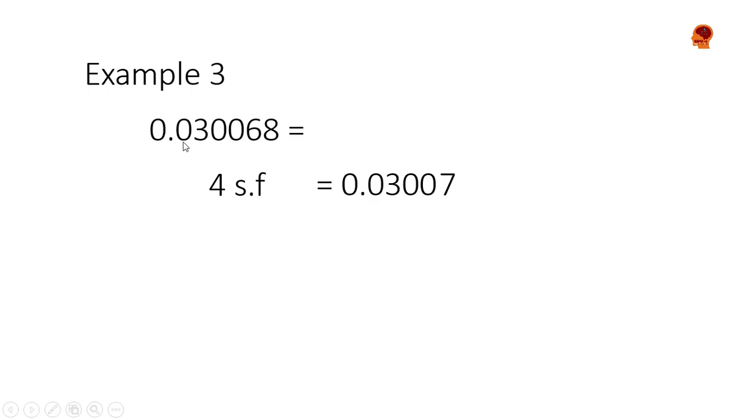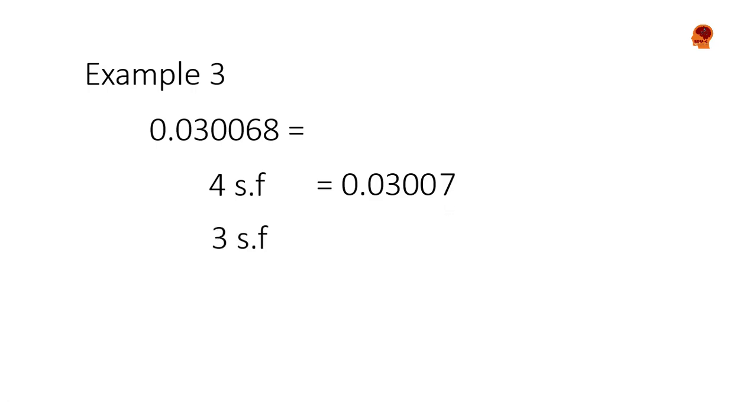Because the first 0 after the decimal point is insignificant, so that makes this 3 the first significant figure, and all of these 2 zeros are counted because there are zeros in between numbers. Okay, so you have the 3 as the first significant figure, the 2 zeros as the second and third significant figures, and then the 6, which is approximated into 7, as the fourth significant figure.